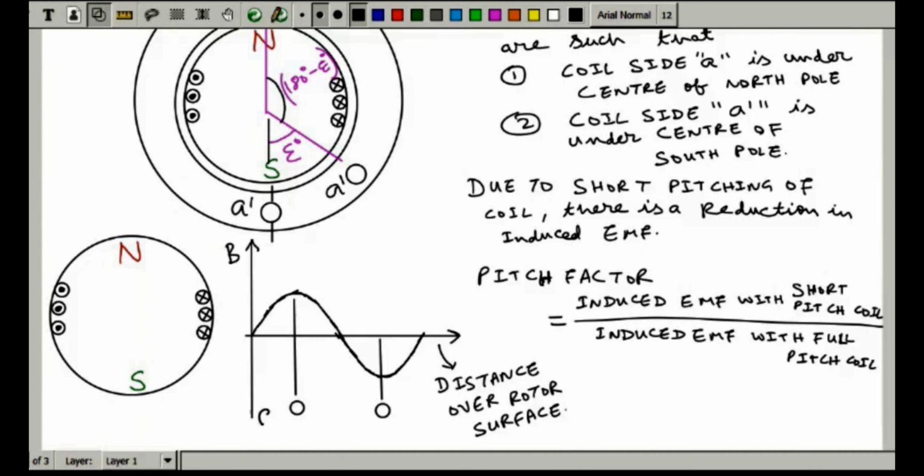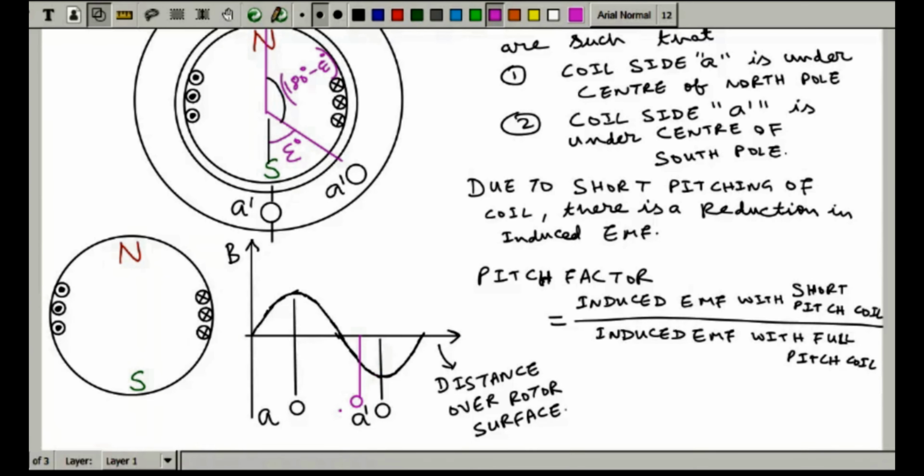This is a coil side A, this is a coil side A dash, when it is a full pitch coil. But when it is a short pitch coil, it will be moved to another position like this. So in that case, it will be like this. That way you can find it out.